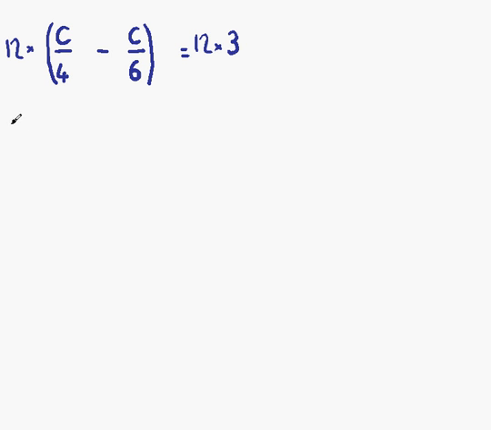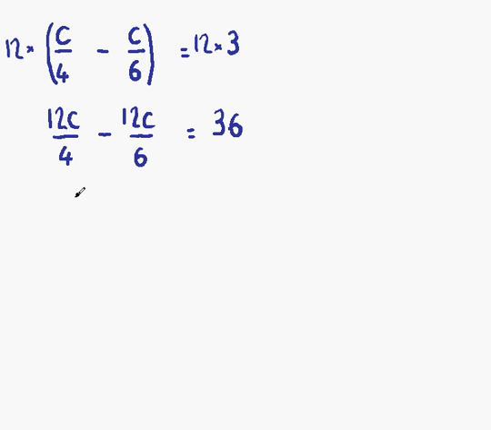Okay, so multiplying through, we have 12 times c over 4. That gives us 12c over 4. Then we have 12 times c over 6, which gives us 12c over 6. And finally, 12 times 3 on the right hand side, which is 36. What we can do at this point is simplify.